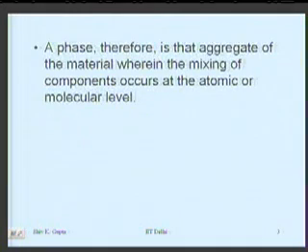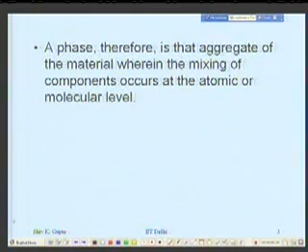So, you can see that in solid state, because we are going to talk about materials which are solids, solid solutions are there. I talked about substitutional solid solutions and interstitial solid solutions. So, solid solutions are going to be a phase. Right? So, therefore, the classical definition of a phase is that aggregate of the material wherein the mixing of components occurs at the atomic or molecular level.